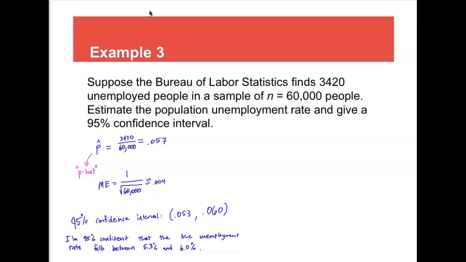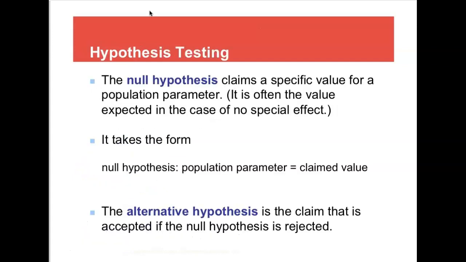Another type of statistical inference is when you're trying to make a decision between two competing claims, and that's called hypothesis testing. And so the null hypothesis, often abbreviated H with a subscript of 0, that's the claim that you assume to be true.